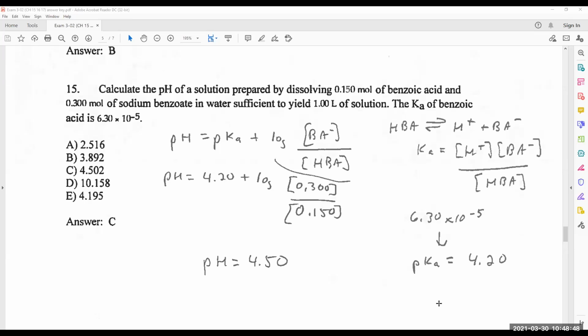And we were given a Ka value. If we have a Ka value, we can do minus the log of that to get pKa. So now we have a pKa value, we have those two concentrations, and so we can set up our math and then go ahead and solve for pH, which is 4.50.